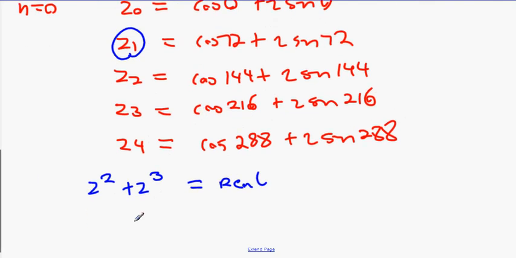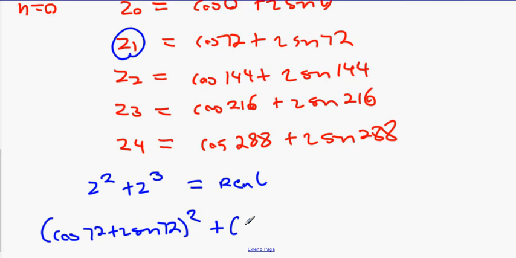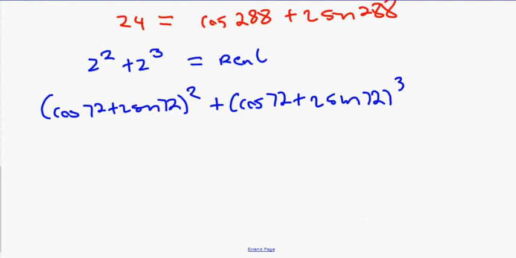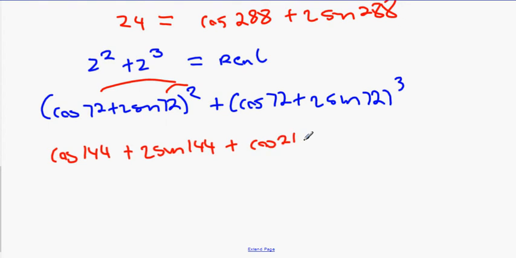So we have (cos 72 plus i sin 72) to the power 2 plus (cos 72 plus i sin 72) to the power 3. Using de Moivre's theorem, multiply the angle by the power, and you're going to get cos 144 plus i sin 144 plus cos 216 plus i sin 216.